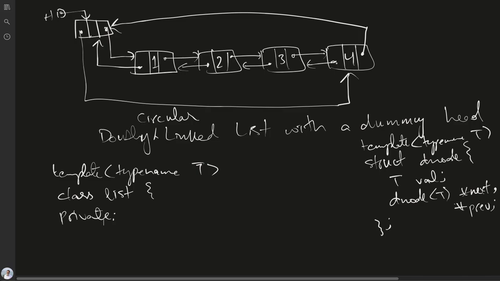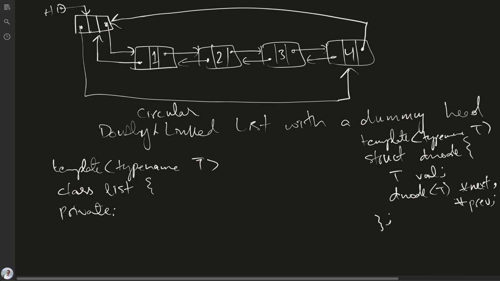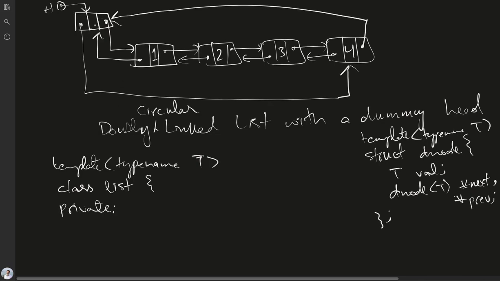So these addresses are contained in the dummy head node. So the constructor would simply be allocating a dummy head node and setting the value of n to 0, and n would be the number of nodes in the list.